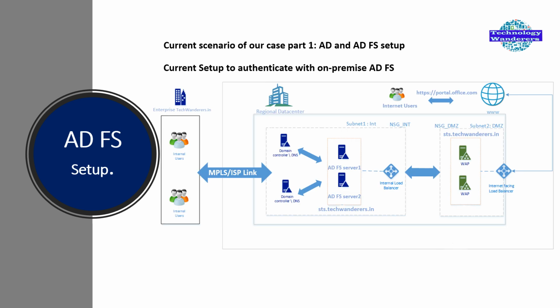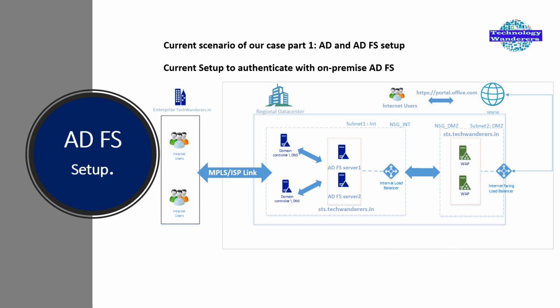We will see how we are going to achieve them, but see the current scenario. We have some users connecting to the data center through an MPLS link. They are accessing the STS URL through the MPLS link because the ADFS servers are up right now. And there are internet users as well. If they are logged into portal.office.com or slack.company.com, or any Dropbox custom account connected to your organization, and they are authenticated through the internet, they need ADFS, right?